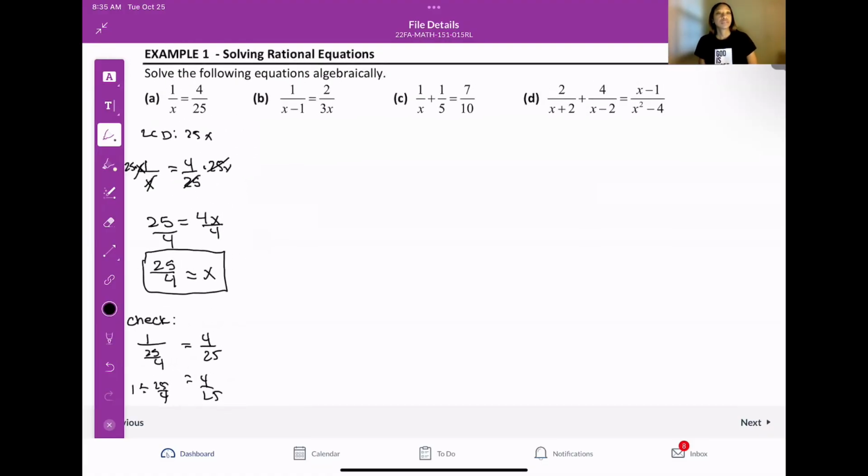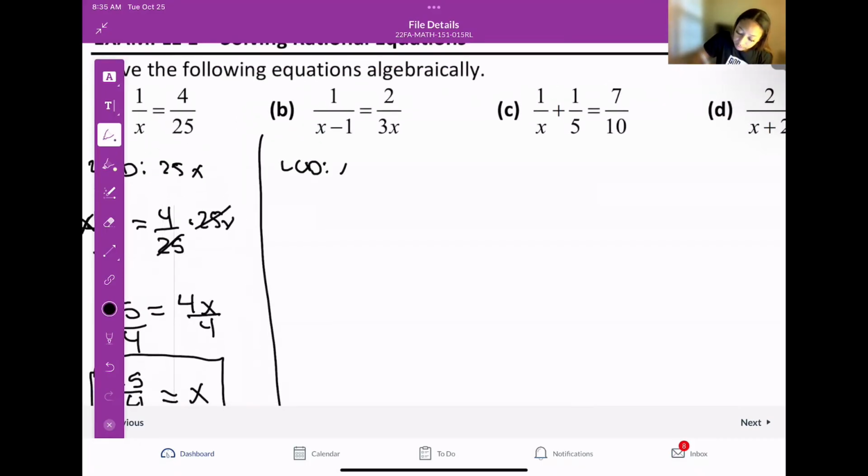All right, on to part B. We have 1 over x minus 1 equals 2 over 3x. Our LCD in this case would be x minus 1 times 3x.